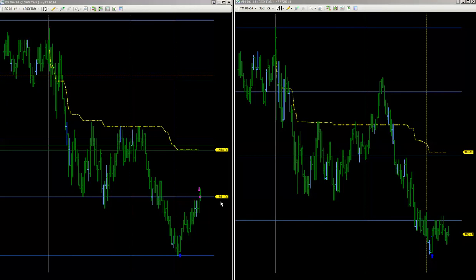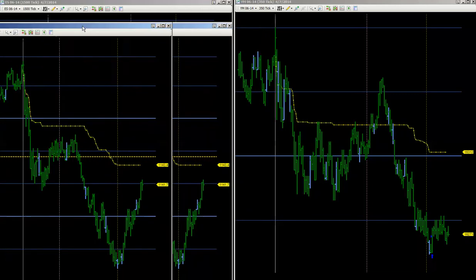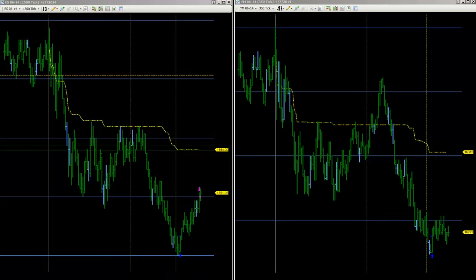Okay, I'm back. We got filled in this first target in the ES. Very subdued movement here in the YM. We still have the NQ and the TF here, still trying to trend to the upside.